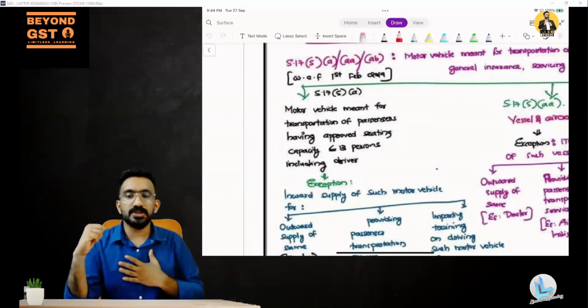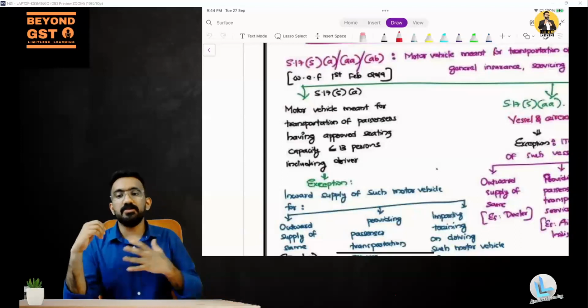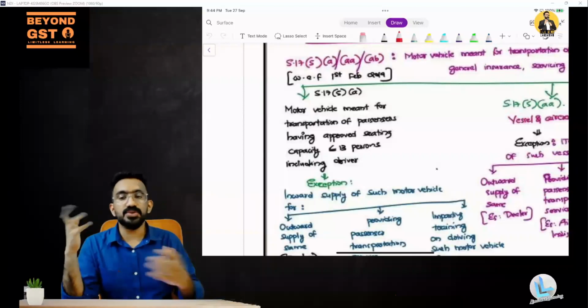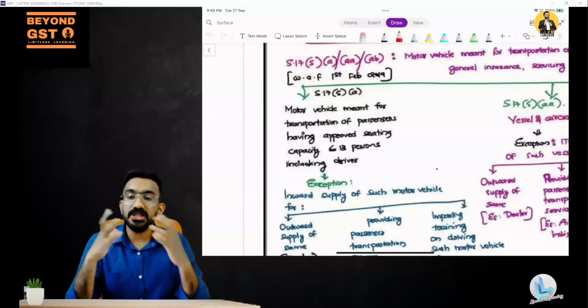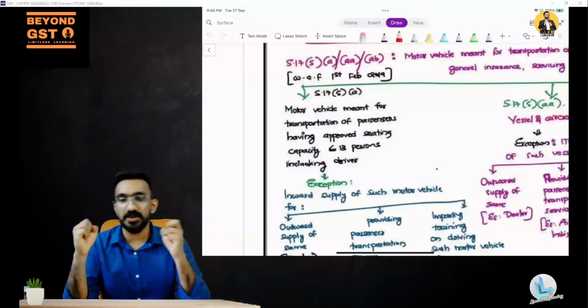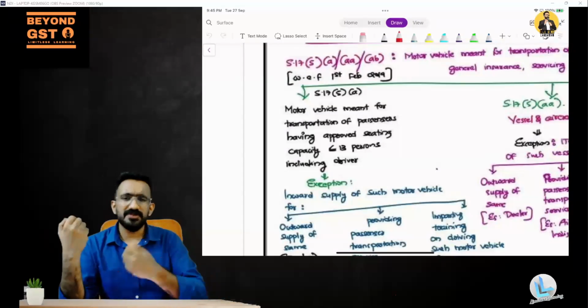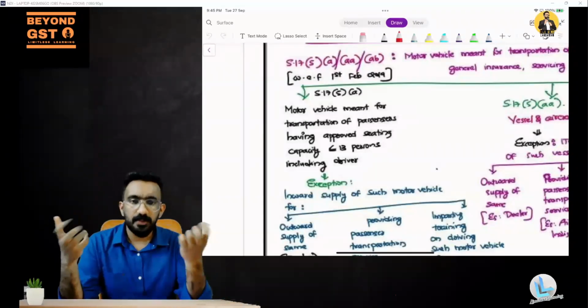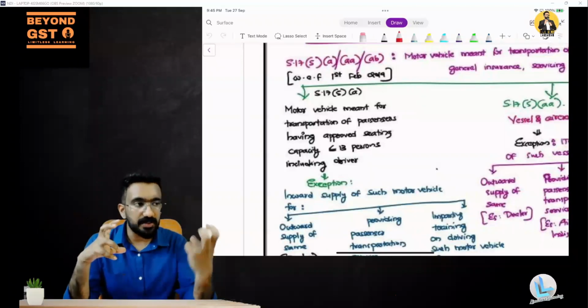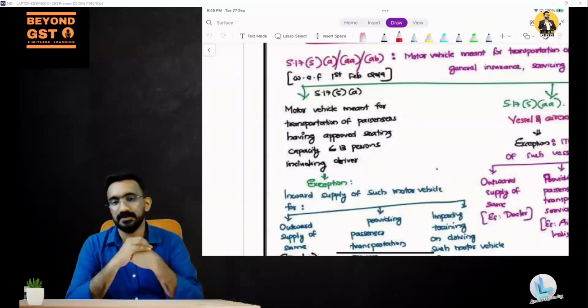Even though I'm using the car for my personal purposes, I will buy this car in the name of my business and take 2 lakh rupees as credit and tell the government that I'm using it for business and personal. How will the government check on a car whether it is for business or for personal? Somebody is traveling. So it's very difficult for the government to say whether this car that is being purchased is for personal or for business.